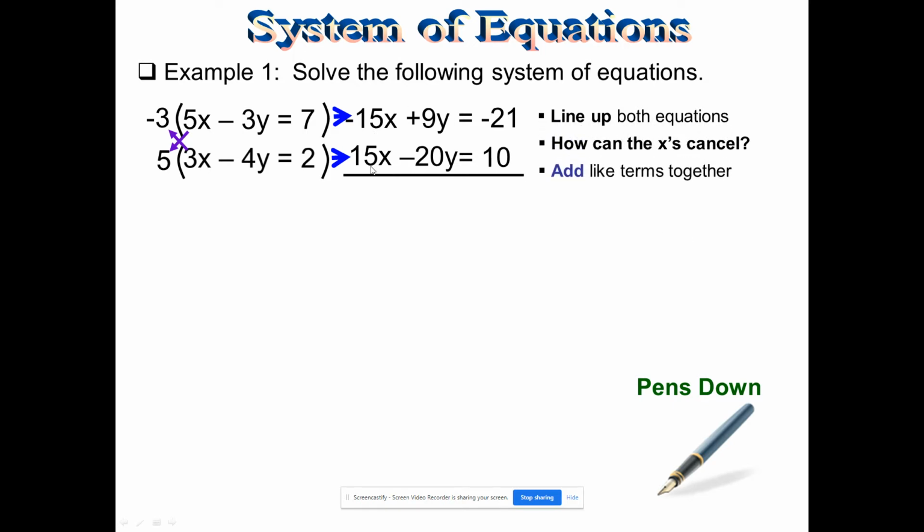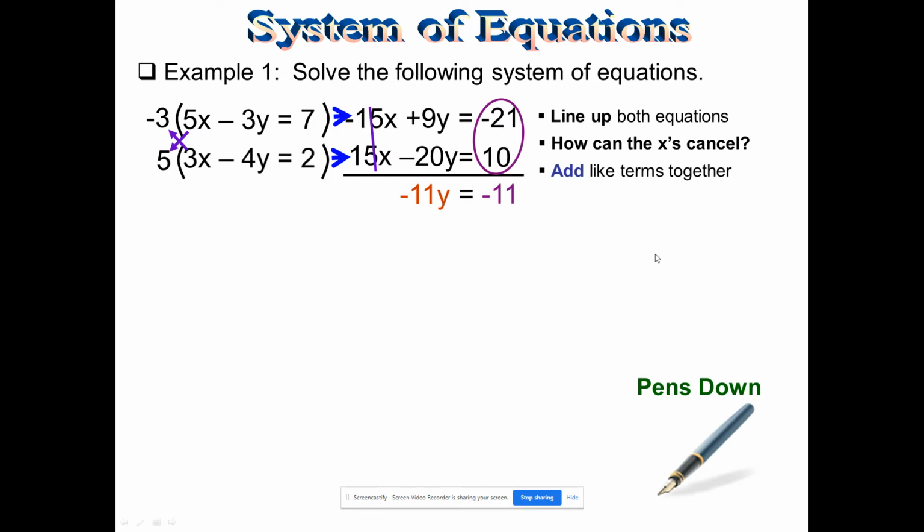So negative 15x and 15x, well, that's what we wanted. We wanted them to cancel. If they don't cancel, we did something wrong because we didn't make them the same number, because we only want one variable. And this variable right now is going to be y. So we've got negative 11y equals negative 11.